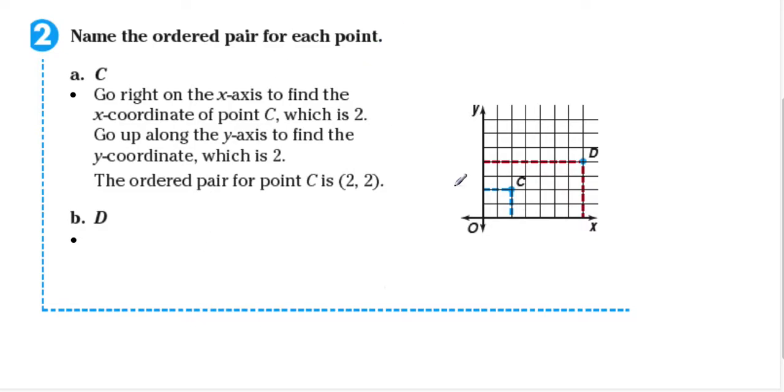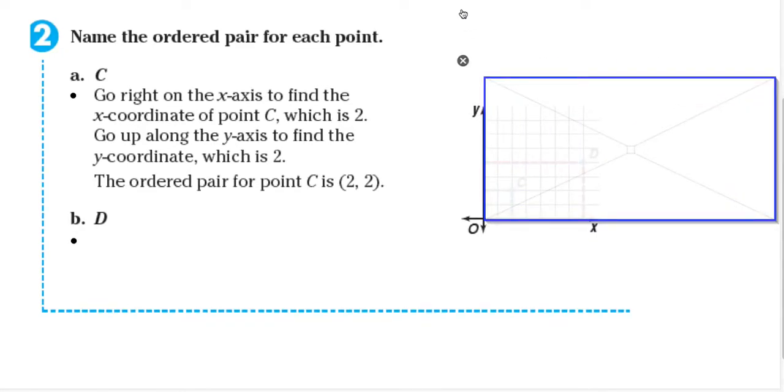Next one, D. Again, start from the origin. 1, 2, 3, 4, 5, 6, 7. That's underneath point D, and then go up 1, 2, 3, 4. So this would be 7, 4.